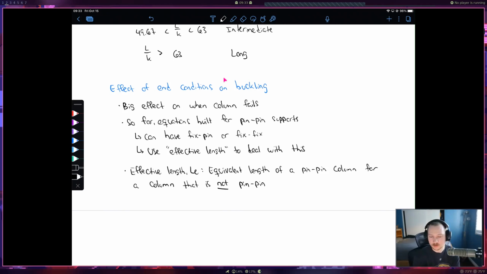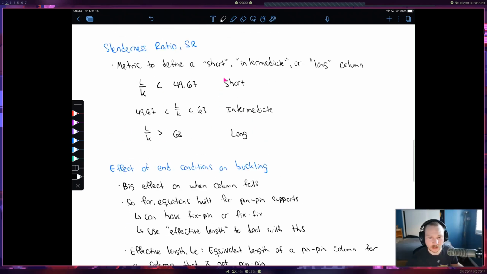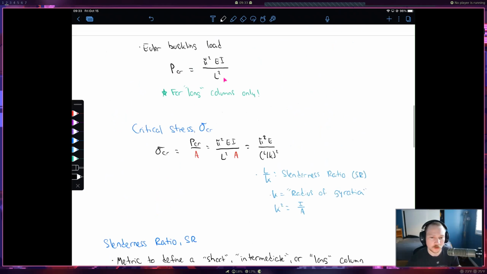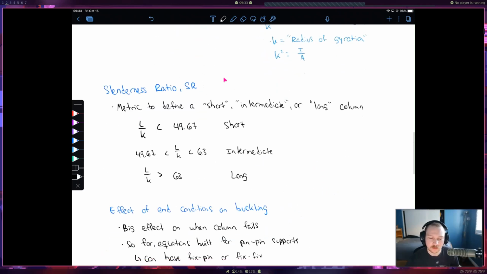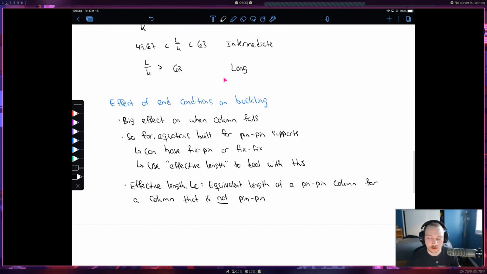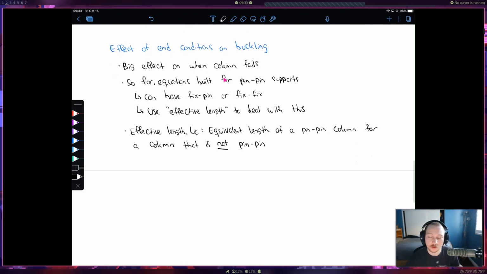Again, this effective length is the equivalent length for a column that is not pin-pin. So we can have pin-fix or fix-fix. The equations that we've had so far, the Euler buckling load equation, and from that the critical stress, were derived with the assumption of having a pin-pin column. But we can have the other ones, and from that we can use this effective length.